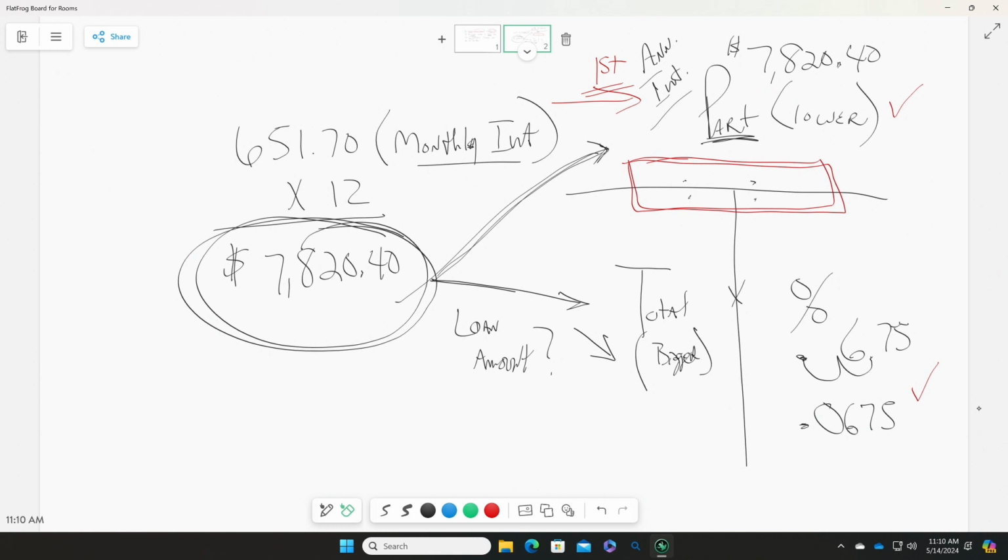So 7,820.40 divided by 0.0675 gives me, and I'll do a different color here, $115,857.78. That is the loan amount.